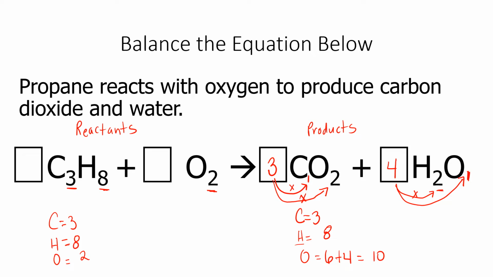My question would be, how can I make this 2 into 10? If I put a coefficient of 5, then this 5 would multiply by this 2 and make it 10. So now if I look through how many atoms I have of each, it's balanced: 3 carbons, 8 hydrogens, and 10 oxygens. So this would actually be a coefficient of 1.